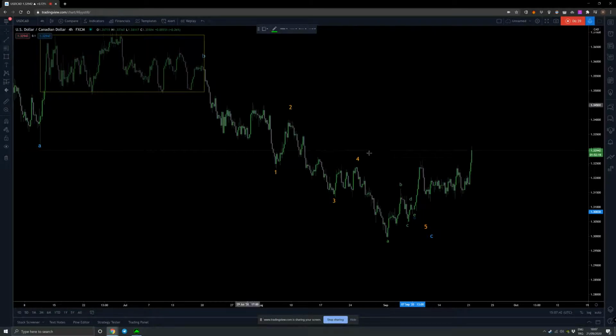Now, if that's the case, if we are having something like this, you should do it with CNE, of course. If this is the case, and this is the fifth wave, and this is the C wave, there's a difference, which is what's important.